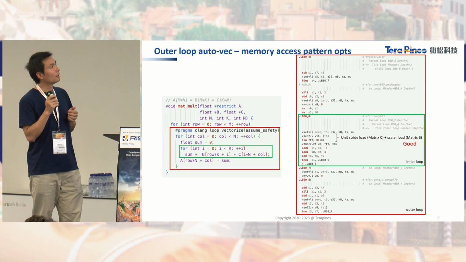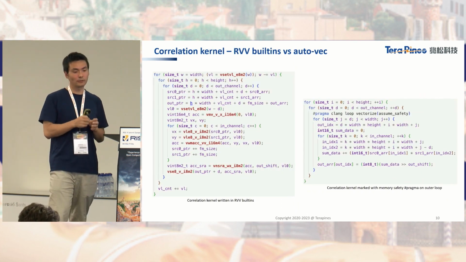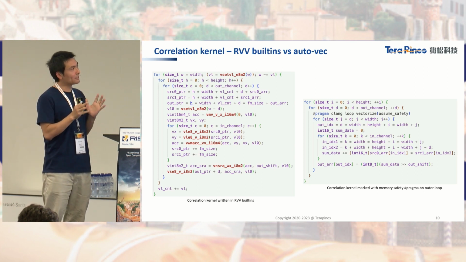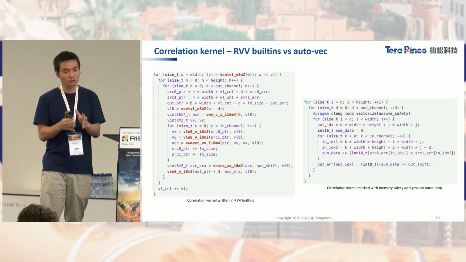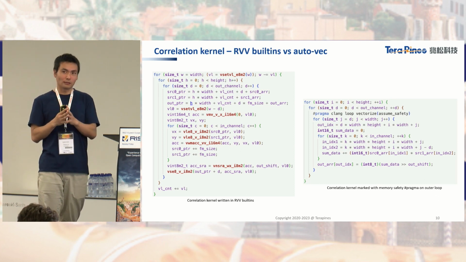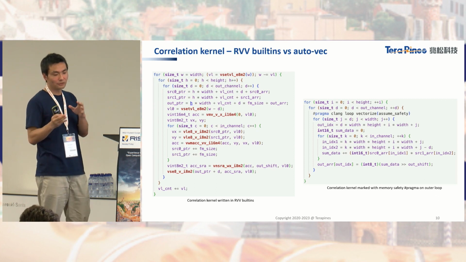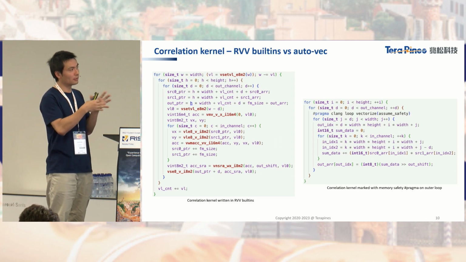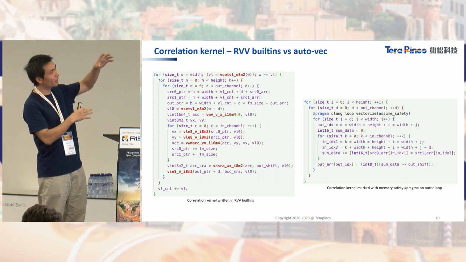Okay. Second example. For the convolution kernel, correlation kernel, sorry. The left side is vector built-in functions written by DJI. The right side is the golden version of the C code. They have changed the golden version into the built-in function one. And they also changed the 4-level loop.